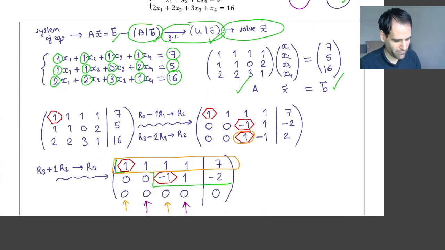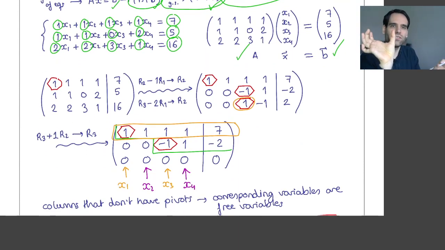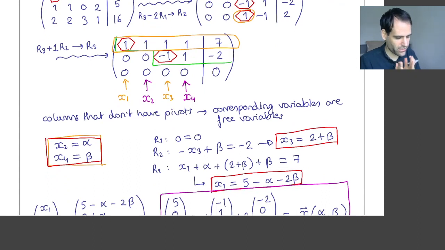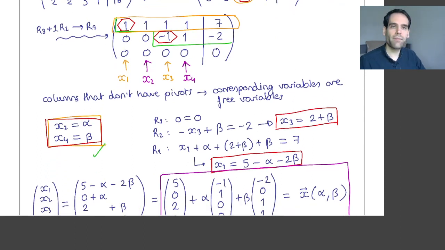So we write the augmented matrix, we do Gaussian steps to get all the pivots arranged in the correct way, and then we solve for x using this algorithm: all the columns without a pivot are free variables, and then the rest of the variables can be solved by back substitution, starting at the last row and moving up.